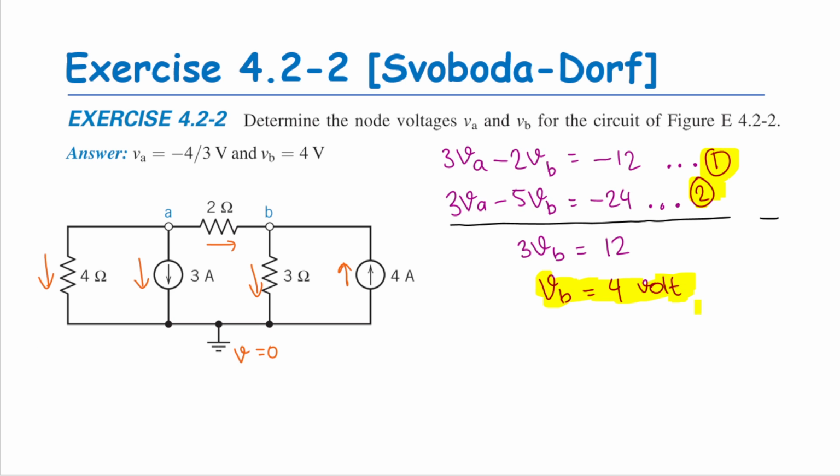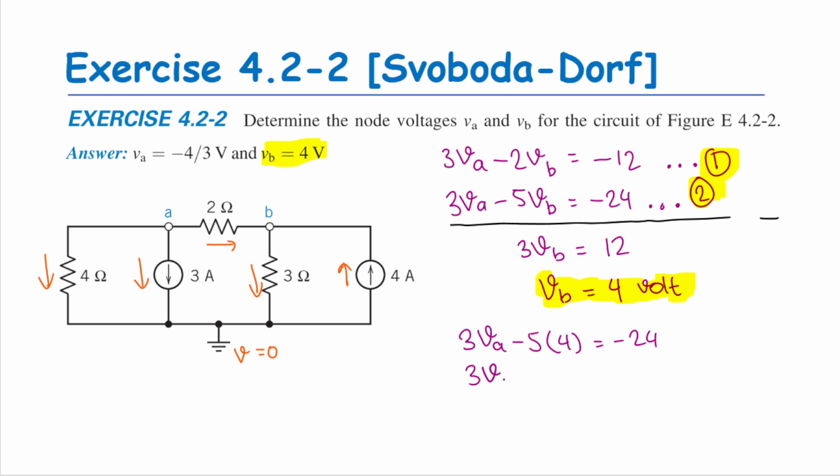I think I did not make any mistakes because it is exactly the same as the answer given by the problem. But then we need to find out VA. Just substitute this one into one of these. So we will have 3 VA minus 5 VB, but VB is 4, so let's just use that, is equal to minus 24.